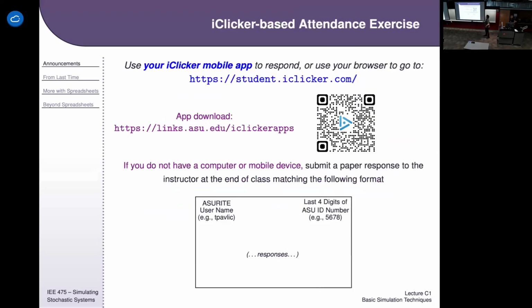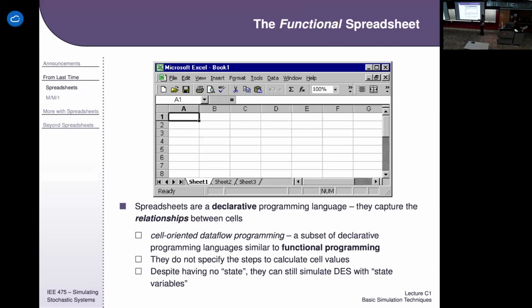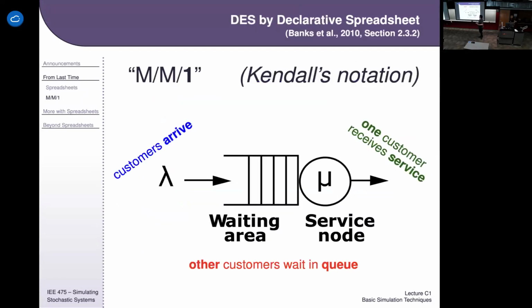All right. So last time we talked about the spreadsheet and different ways you could use it, and we showed how you could use it to simulate a simple MM1 queue. As you take, say, 470, you'll learn this notation, Kendall's notation, but we're starting to learn about input modeling.